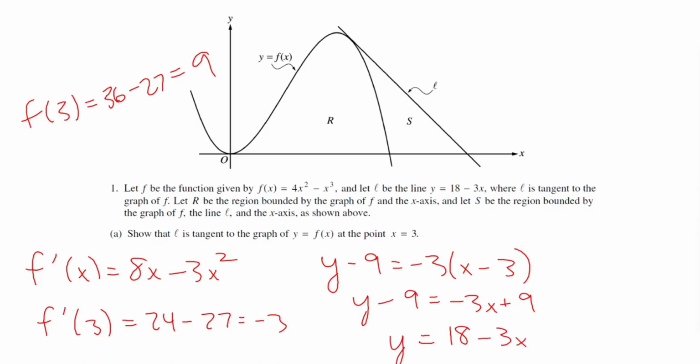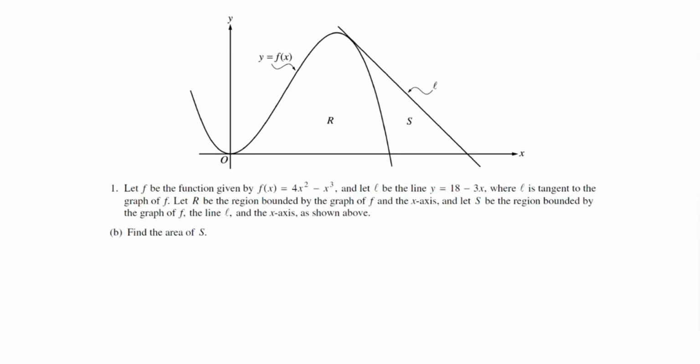And so we can see that that is the line that we were talking about. They gave you 2 points there. Okay? 1 for finding f prime of 3, and 1 for finding f of 3, and another one for finding that tangent line. Right? So that's part A, 2 points there.